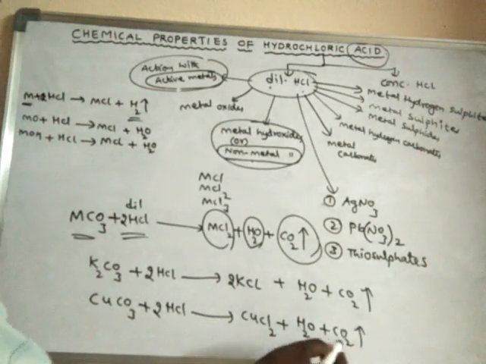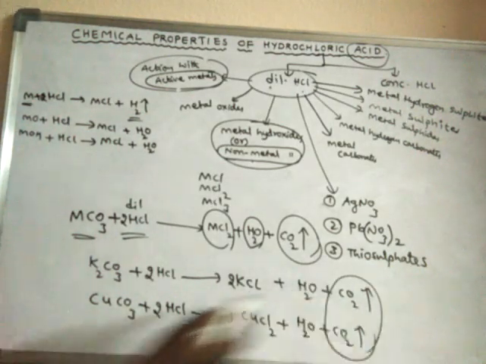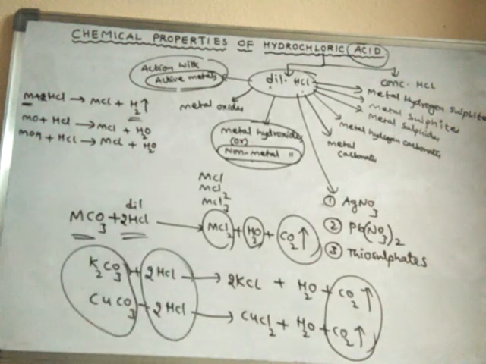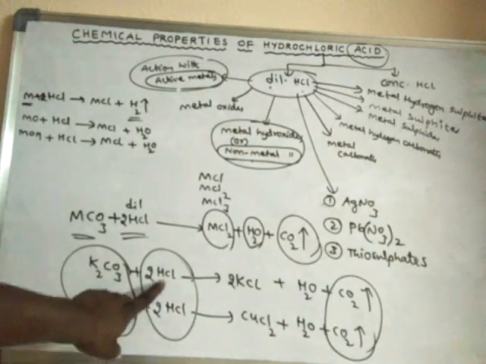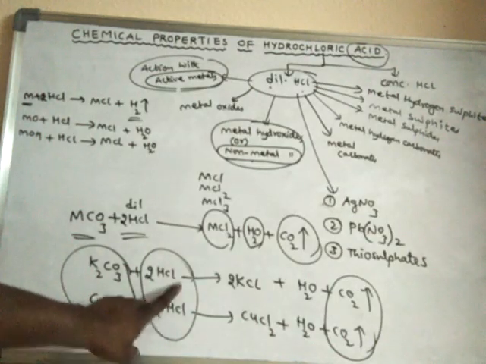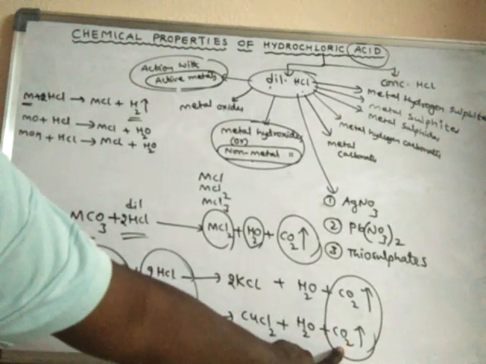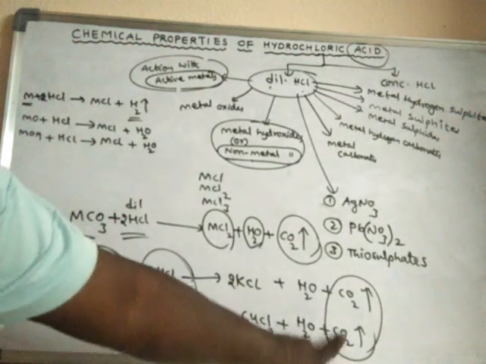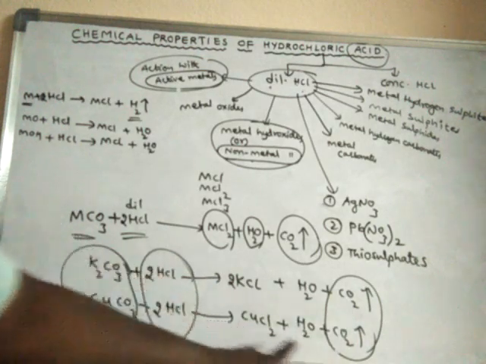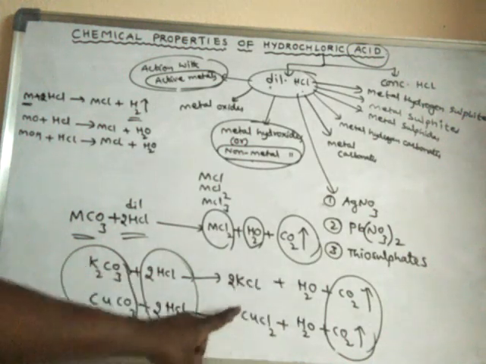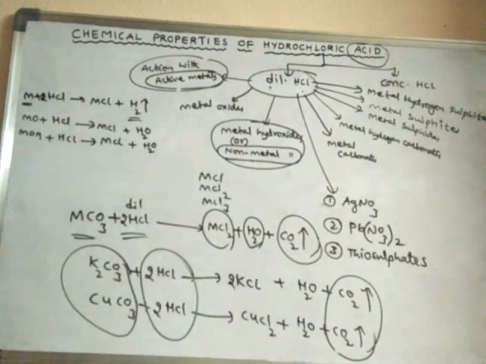So carbon dioxide gas is evolved when metal carbonates react with dilute hydrochloric acid. Along with the release of carbon dioxide gas, metal chloride salts and water are formed. All metal chlorides are salts.